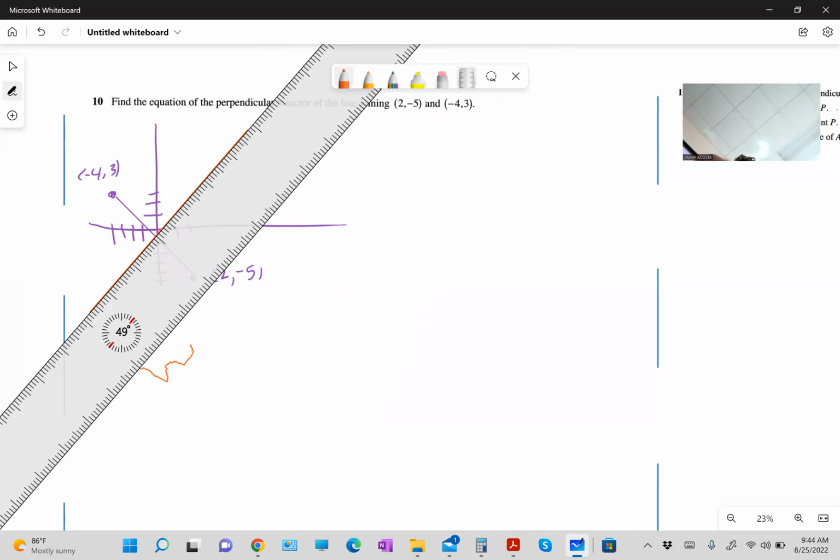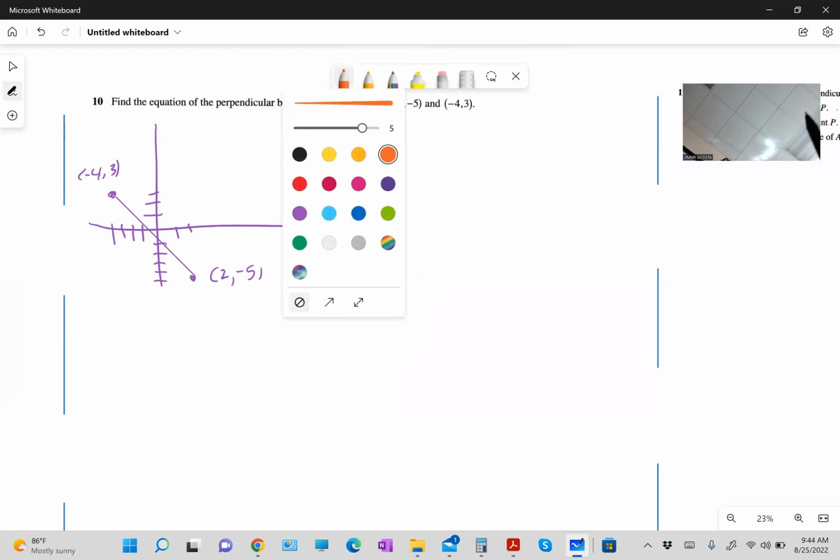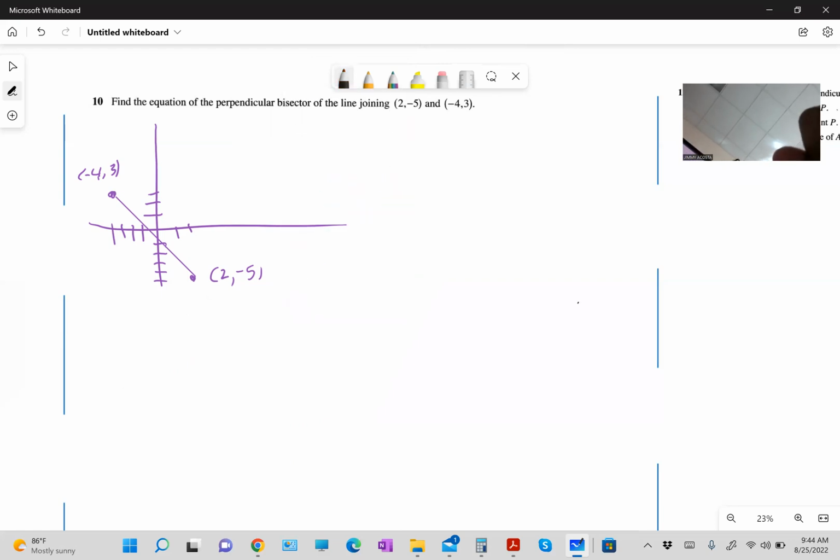So our first step to finding this perpendicular bisector is to find the midpoint. Now let me see if this time I don't mess up my arithmetic. x1 plus x2 divided by 2, comma, y1 plus y2 divided by 2.